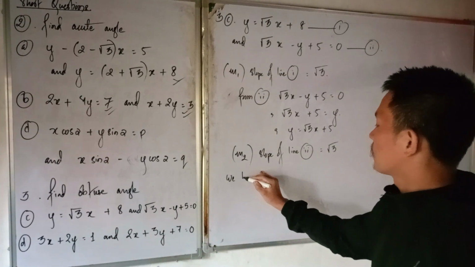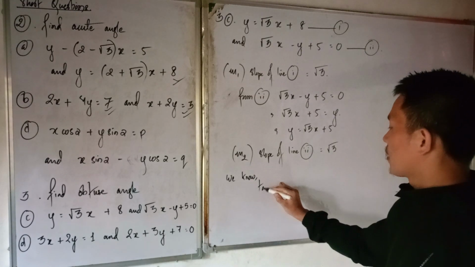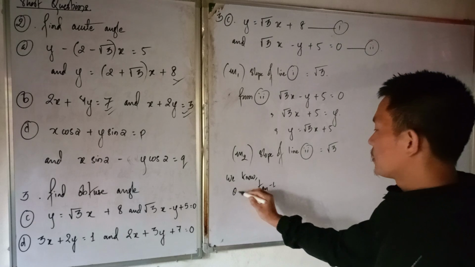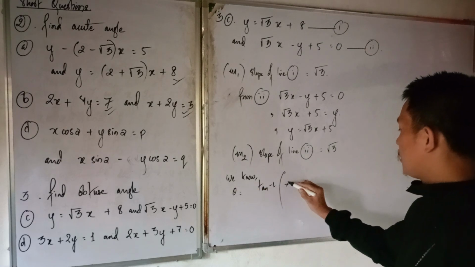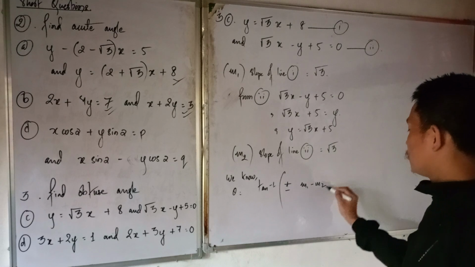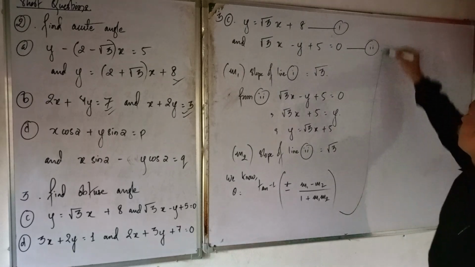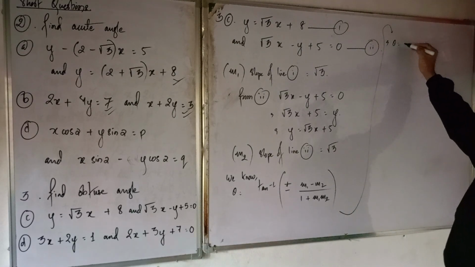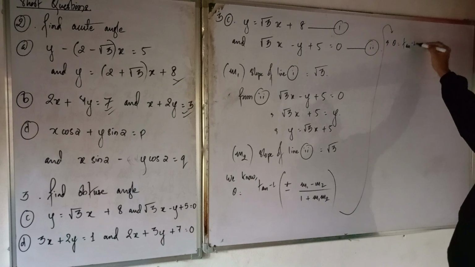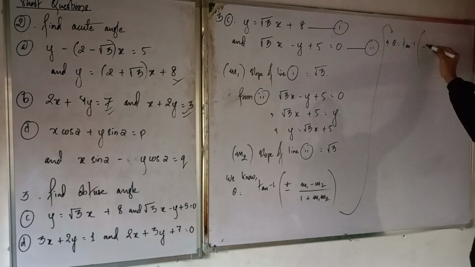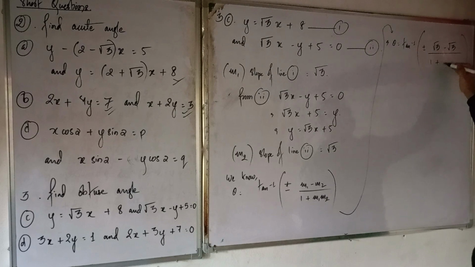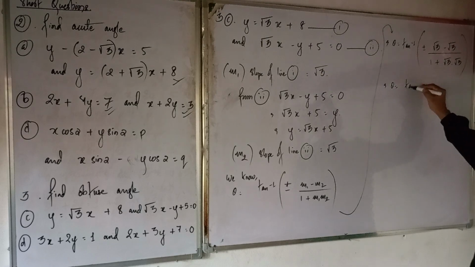Now we can use the formula. We know theta equals tan inverse of plus minus m1 minus m2 divided by 1 plus m1 m2. So theta equals tan inverse of plus minus root 3 minus root 3 over 1 plus root 3 times root 3.